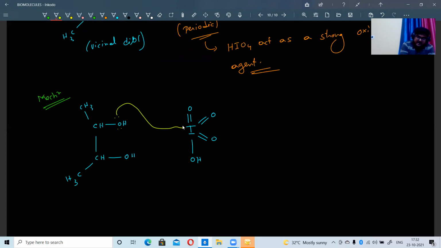This lone pair attacks at this position, and this bond becomes negatively charged. After that, another lone pair is present over here, and this can attack at this position. This bond becomes negatively charged. Now, when this forms a negative charge, it will accept an H+ ion from this stuff. Here the OH+ is present, and this O- can accept it. So what will be the structure? If you write down the structure, it looks like this.